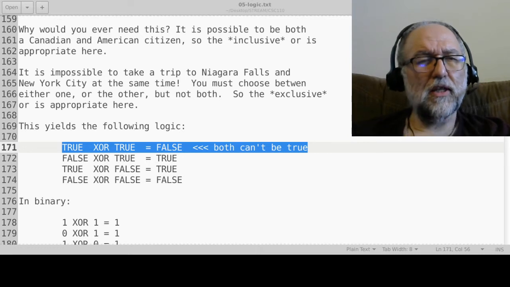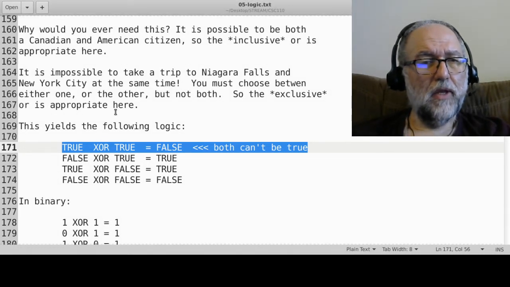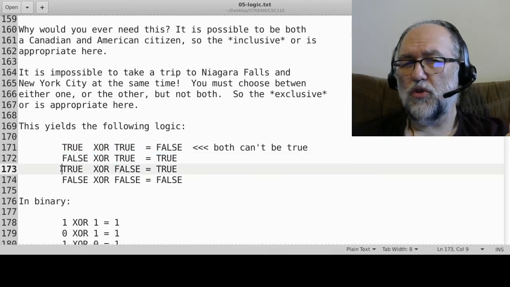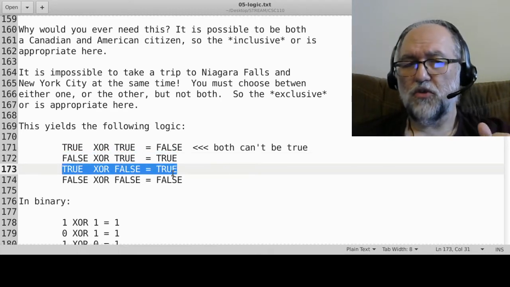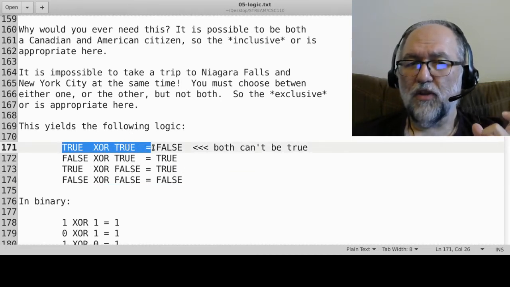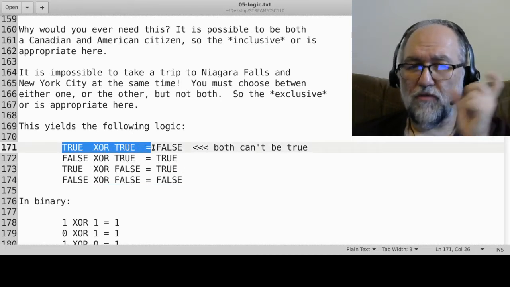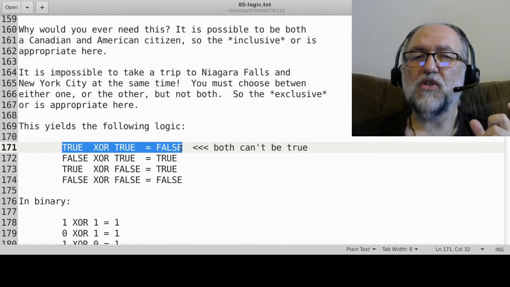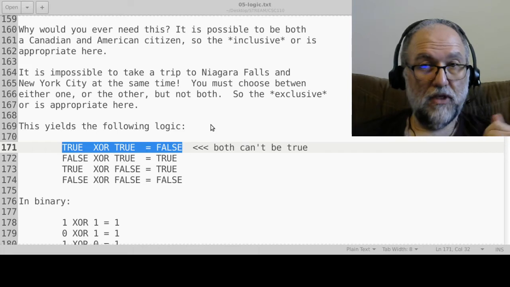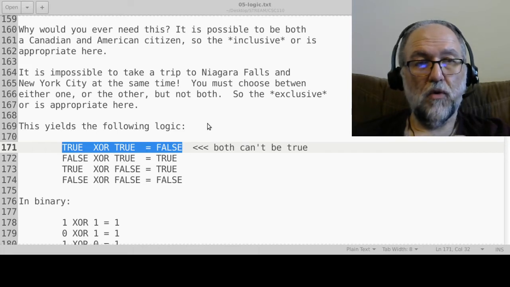And so the exclusive OR is just a little different. False exclusive OR true is true, true exclusive OR false is true, false exclusive OR false is false. With OR, true or true gives true, but true exclusive OR true gives false, okay? And that's the only difference between the two tables, okay?